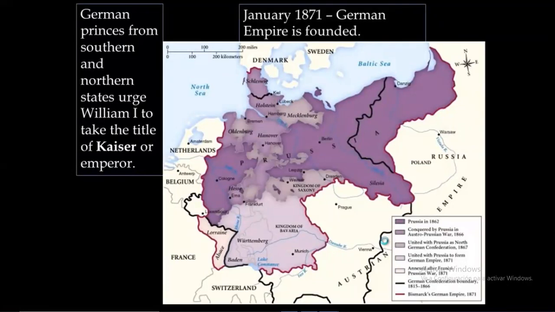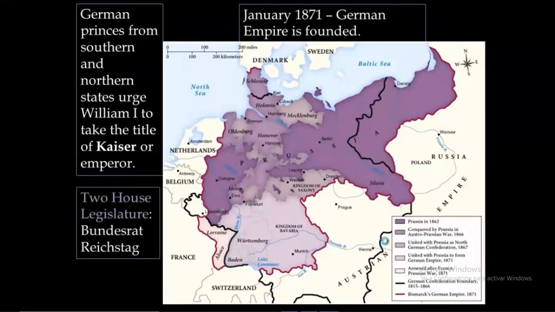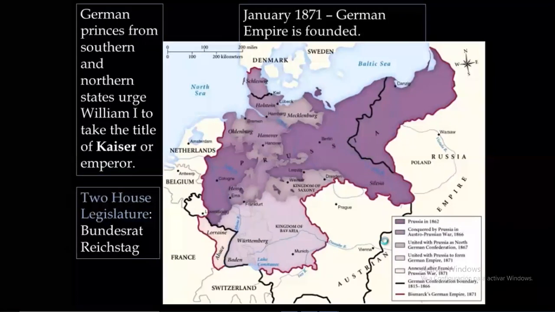And from there, Otto von Bismarck writes a new constitution, or leads the writing of a new constitution, and along with the Kaiser himself as leader, there is also a two-house legislature that's created. The upper house is the Bundesrat, and the people in the Bundesrat are appointed by the leaders of the German states.